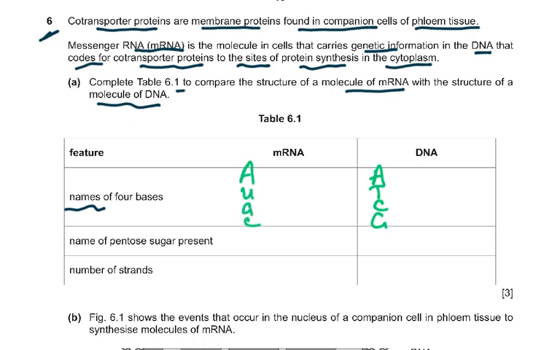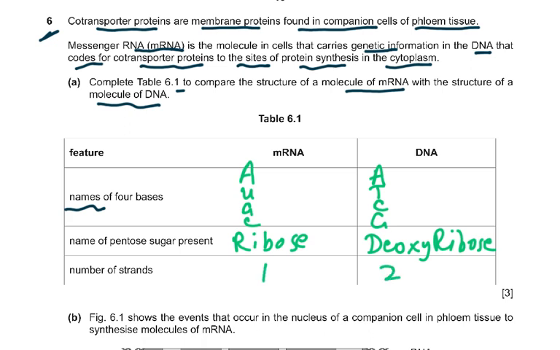The name of the pentose sugar in RNA is ribose and in DNA it is deoxyribose. The number of strands is 1 in RNA and 2 in DNA.